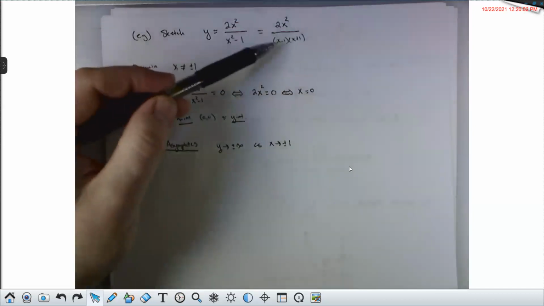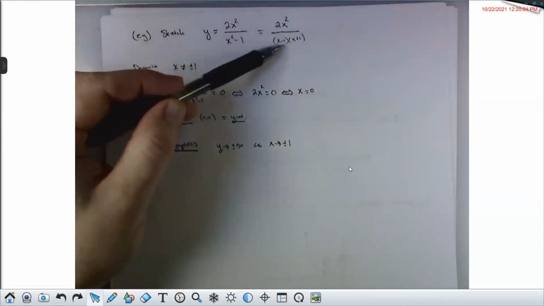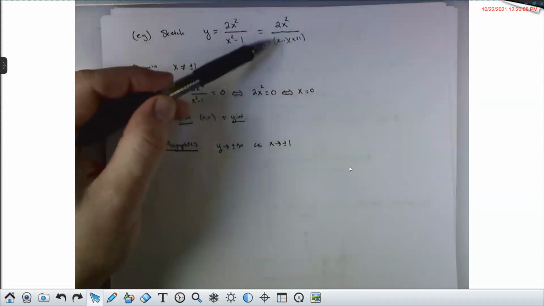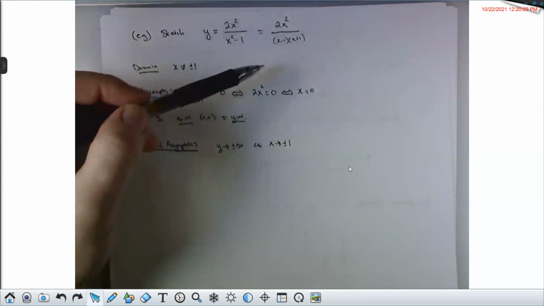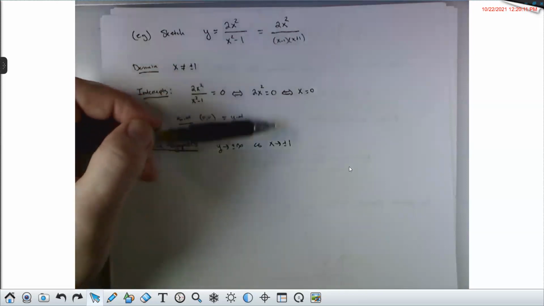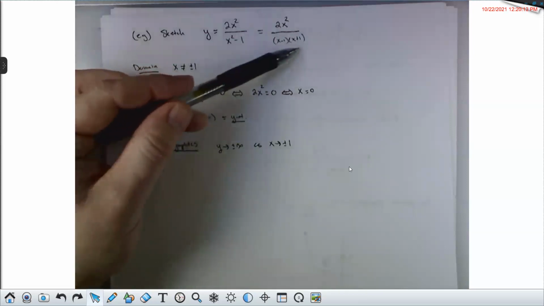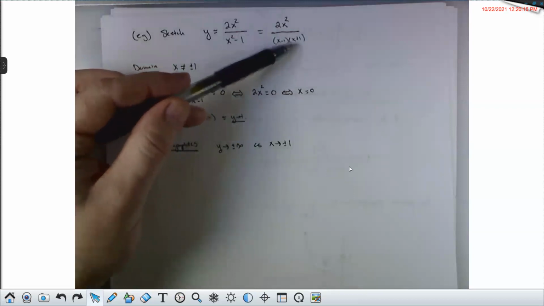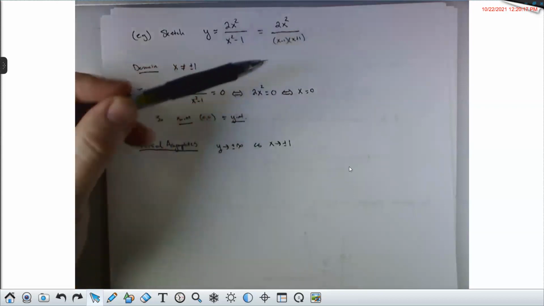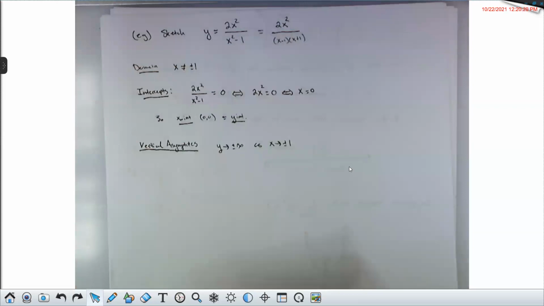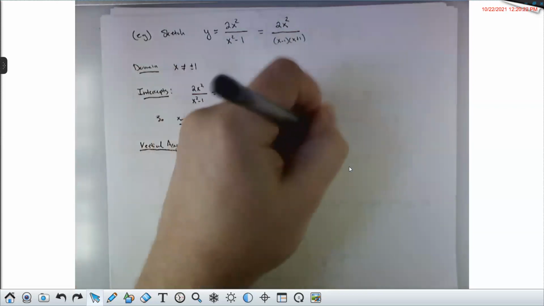Right? If I send x to 1, then this factor downstairs is going to 0, and I would get 2 over 0, which is infinity. And if I send x to negative 1, this factor is going to 0. So again, I would get something like 2 over 0, which is infinity. So we have two vertical asymptotes.